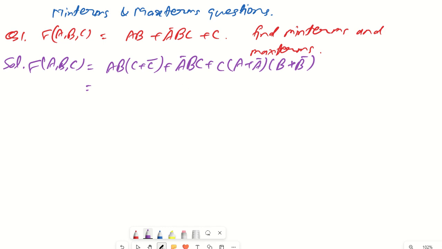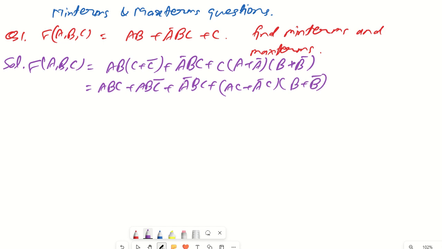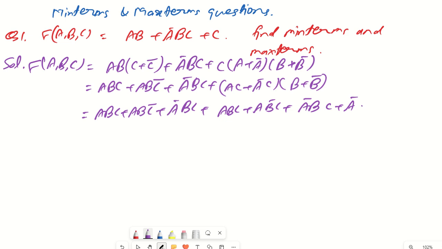Now if you multiply them, you get ABC plus ABC bar plus A bar BC plus, multiplying two terms at a time, AC plus A bar C into B plus B bar, which gives ABC plus AB bar C plus A bar BC plus A bar B bar C. This is simple algebra, simple multiplication that we are doing.